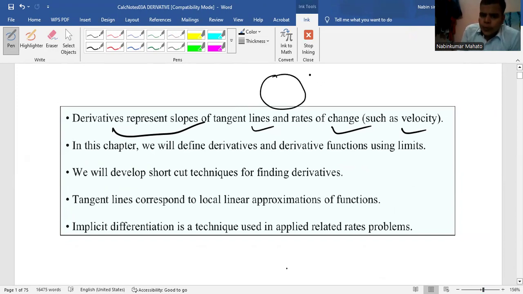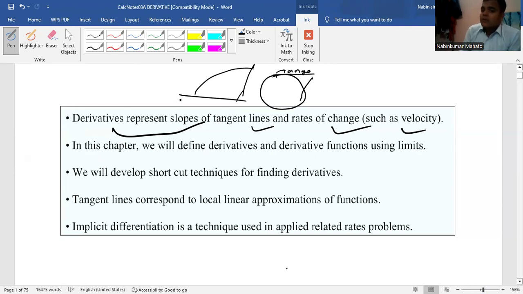When another line passes through the outline, it is called tangentially passing these lines. Here are the x-axis and y-axis, and another curved line is passing. This is called the tangent line.